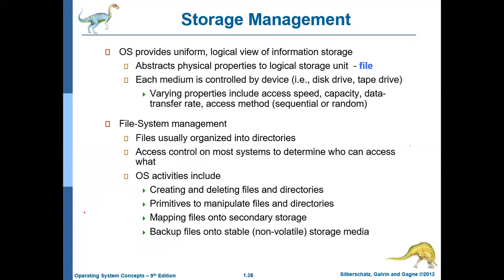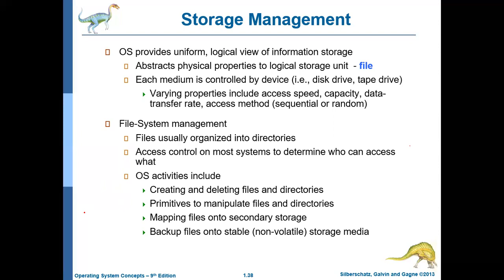Then we discussed that a file is a collection of related information. The file can have a program or it may contain data, and there are different types of files like free form and strictly formatted files. Files can also be organized into directories.